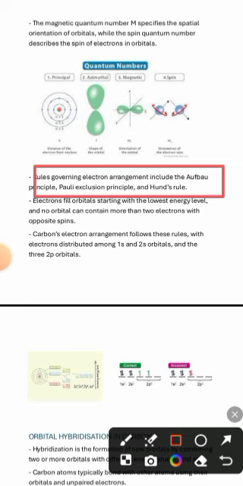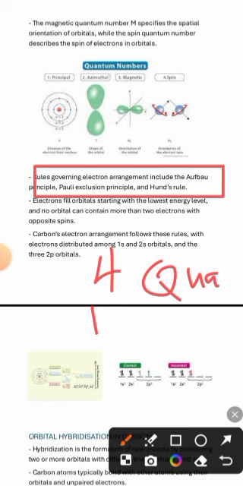Pauli's exclusion principle is telling us that no two electrons in a specific orbital, or no two electrons in any orbital, can have the same values of all the four quantum numbers.